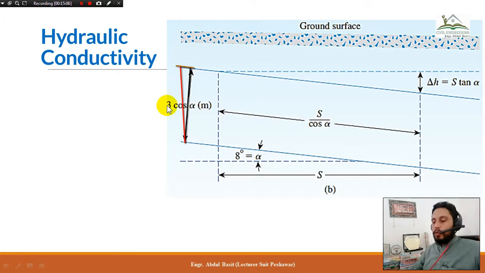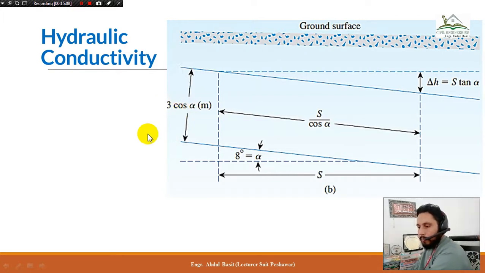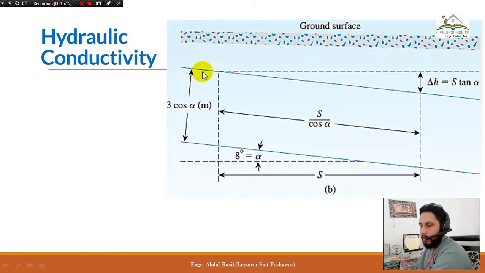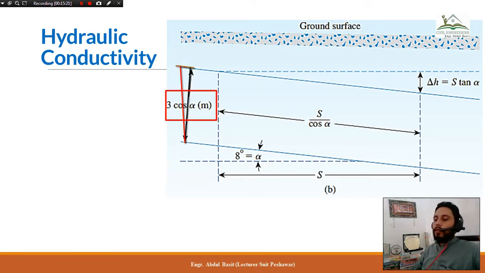And h is equal to 3, given over here. Alpha is 8. So after drawing this triangle, this will be the length of this black line, which is completely perpendicular to the flow of water.